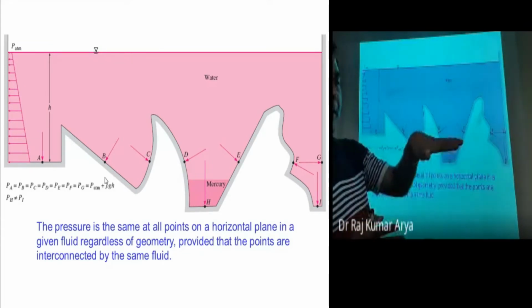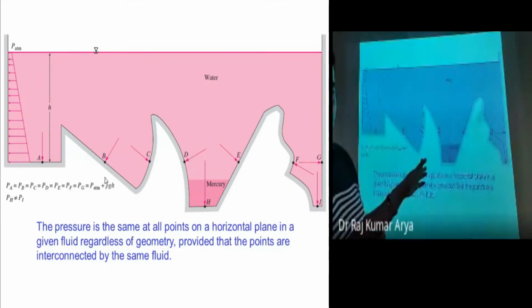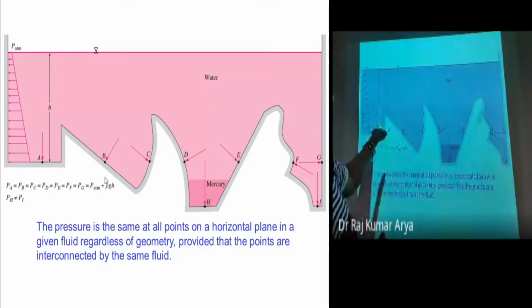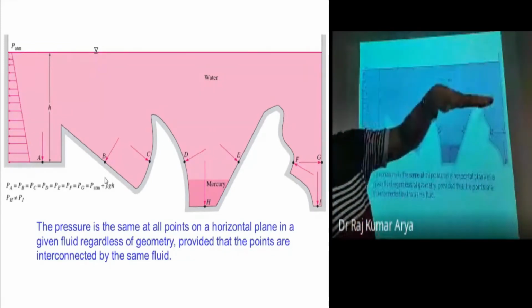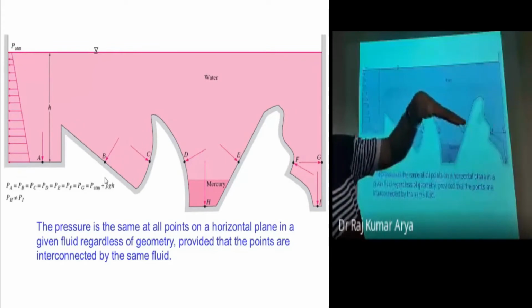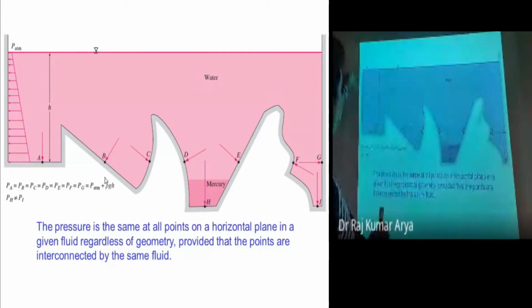A river bed cannot be 100% plain, so you will have a zigzag type of basement. The bed could be of this shape. The top surface would be flat all the time, horizontal, because it is open to atmosphere, so it would always be level. Therefore, you can see the top surface is completely horizontal.